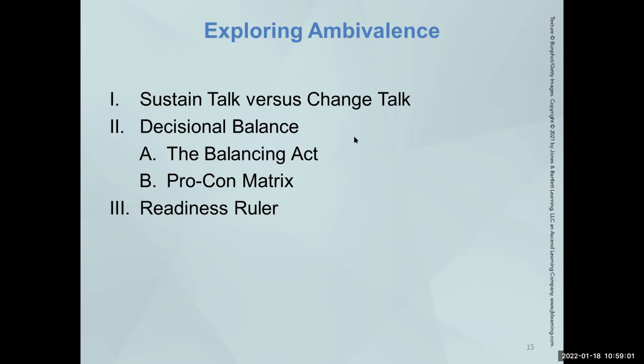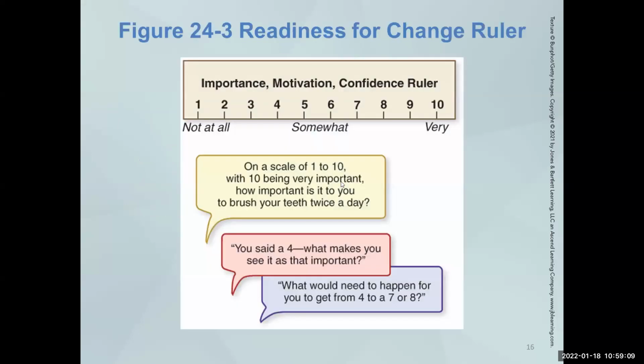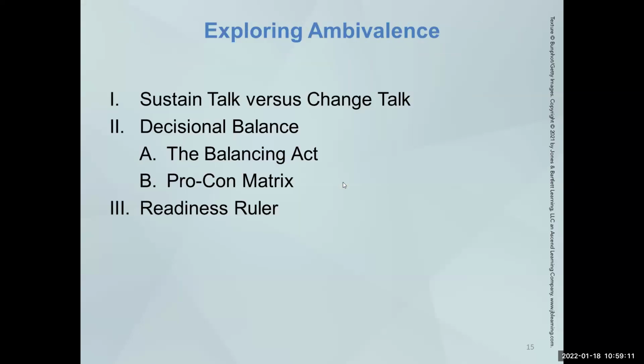Then there's that pro-con matrix, and it has a picture in the book as well. I don't have a picture of that, but usually you've got a column for pro and a column for con. If I do change, this will happen. If I don't change, this will happen. And those are for the list makers, okay?